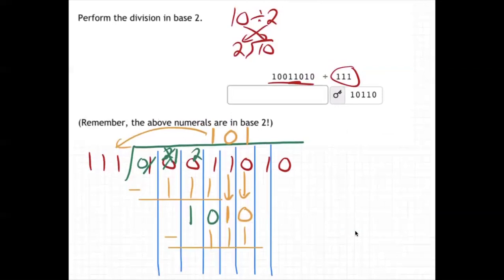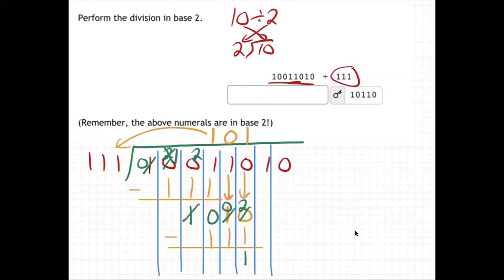Again, you can't take 1 from 0. So you got to borrow from this guy, make it 0, bring what? 2. You're always borrowing 2. 2 minus 1 is 1. Now, you can't take 1 from 0. So you borrow, you go here, and that's your broke friend. You can't borrow from him. You got to go to another friend.